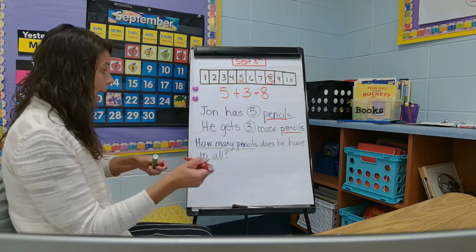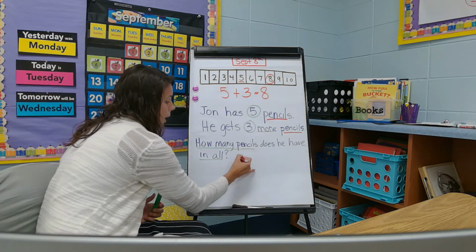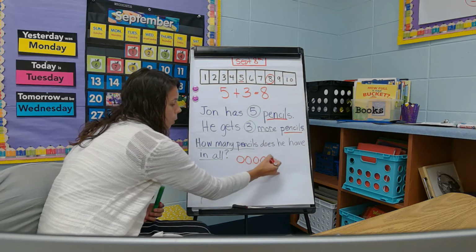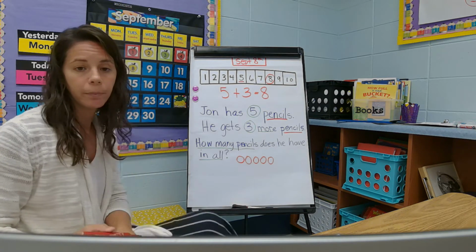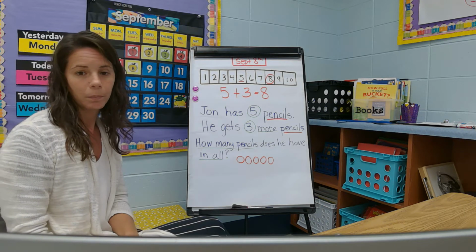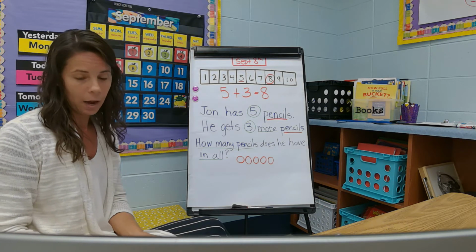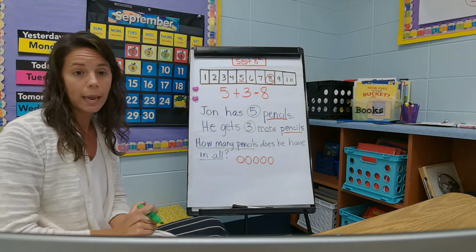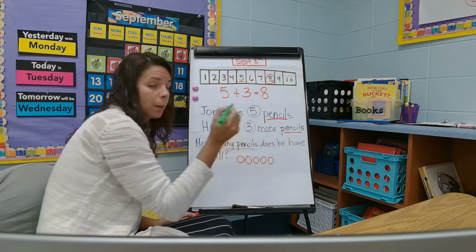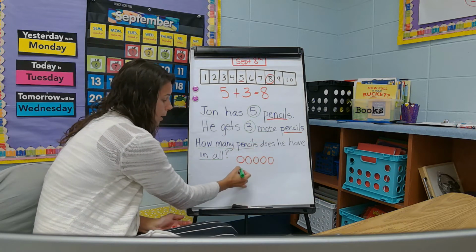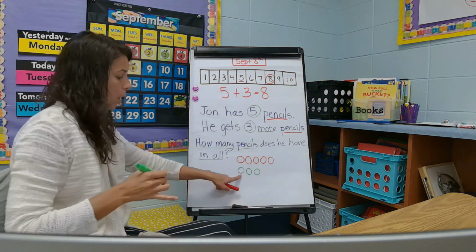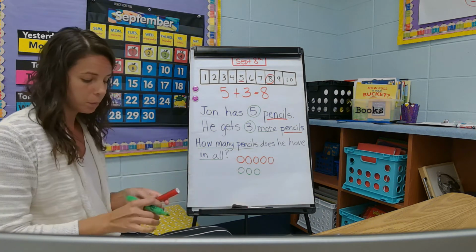Okay, so if we have 5 pencils. Let's go ahead and draw 5. 2, 3, 4, 5. Now he has 3 more pencils. He got 3 more. So I'm going to switch my color, or if you don't have another color, you can write them down here. 3 more.